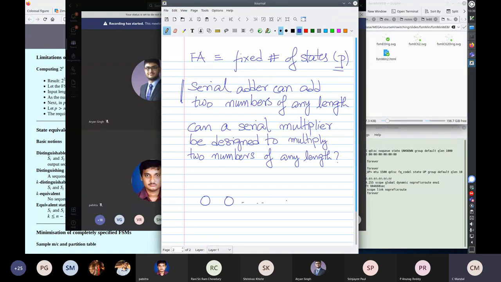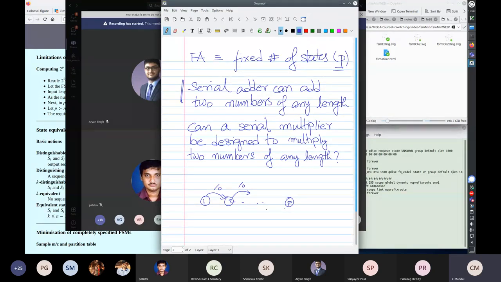I think you should have been able to do this. You have to output a lot of zeros, but your machine has only P states. So you are making a transition and outputting a 0. But because your machine has only P states, at some point you are going to loop back to an intermediate state.